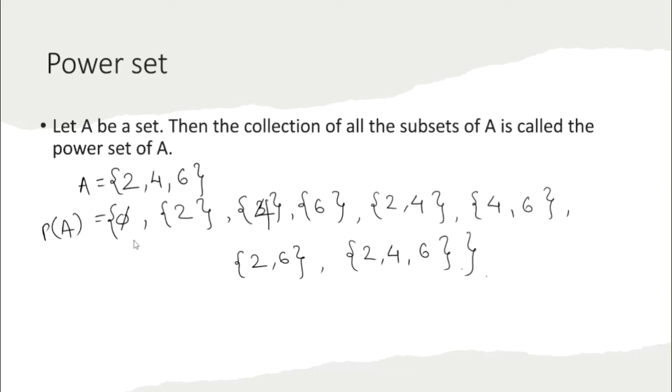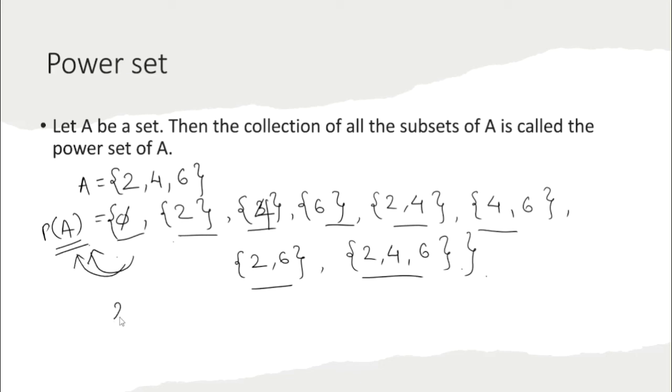These are the subsets of the set A, or you can say that this is a collection of the subsets of set A, and this collection is known as the power set of set A, and we can write it in roster form like this. One important thing is that an element of a power set is always a set.